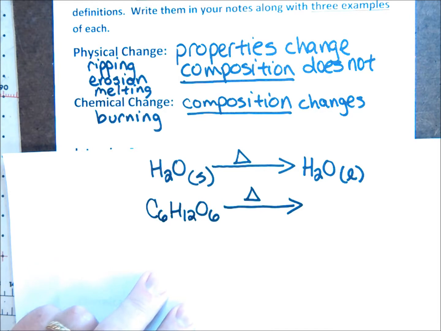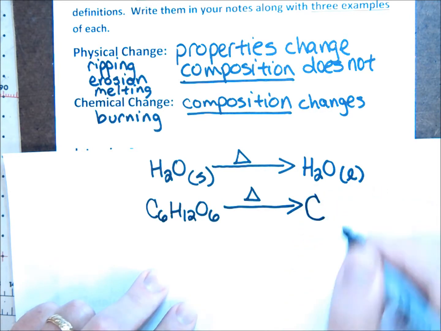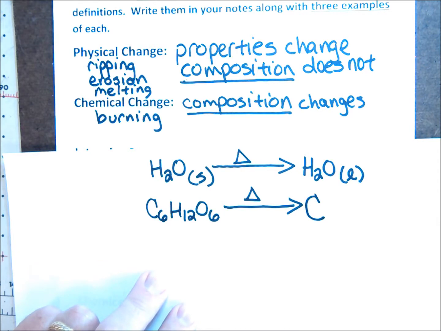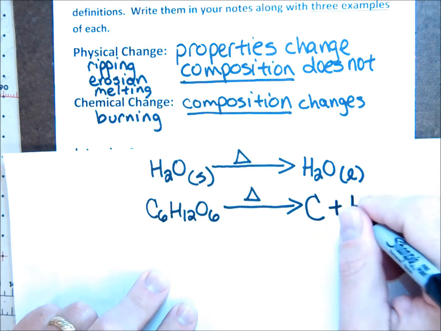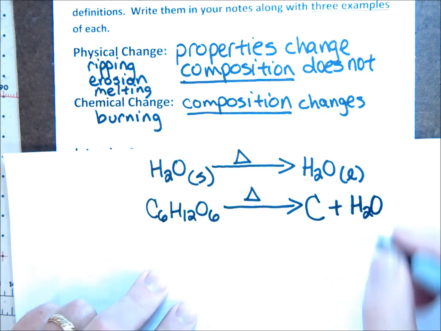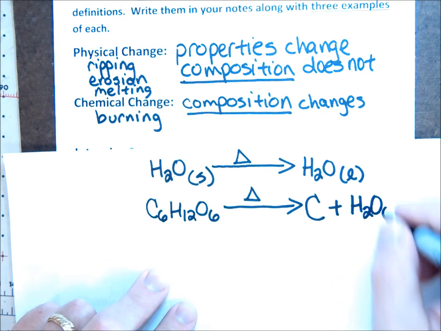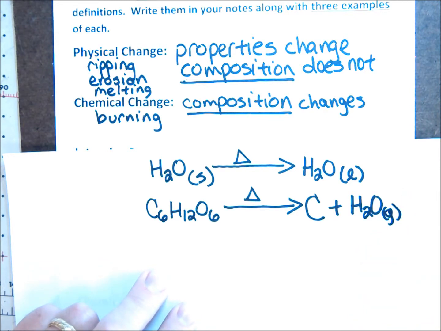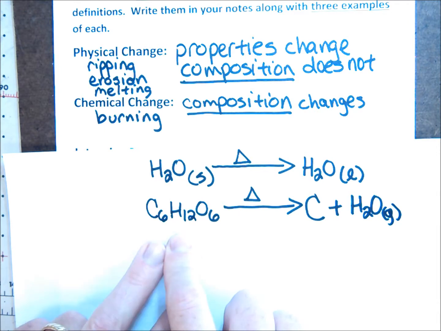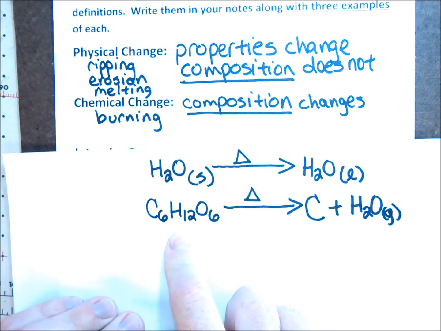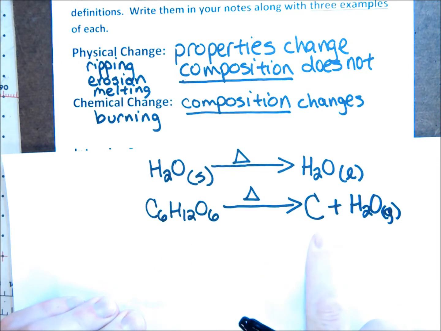What it does, glucose here, you add heat to it, it becomes carbon with a symbol like that. And what you saw with the vapor there was actually H2O gas, G.